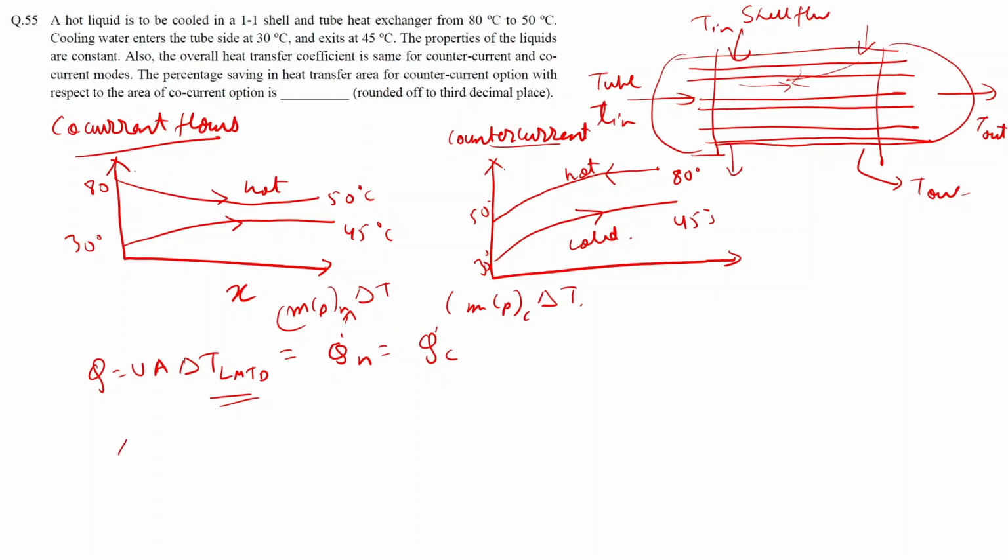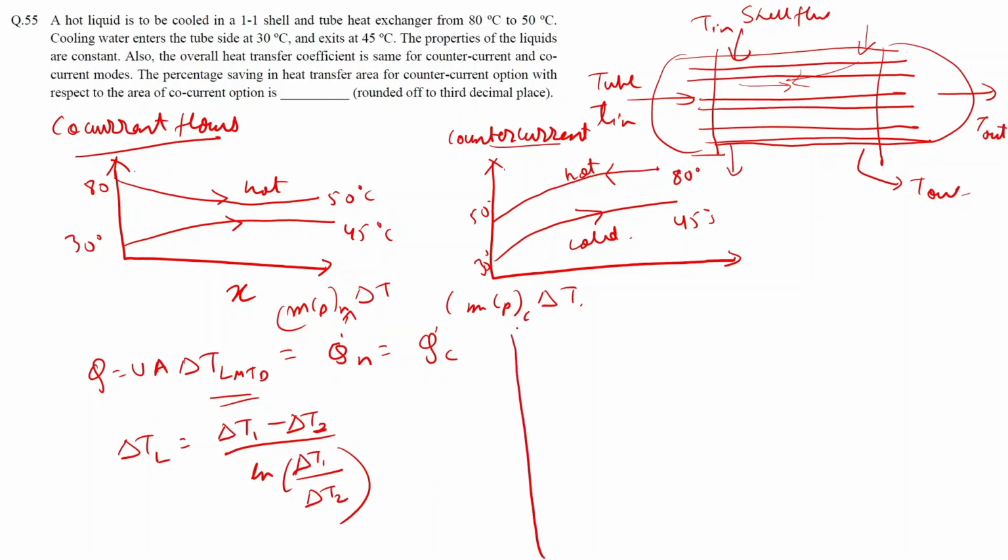And log mean temperature difference is defined as delta T1 minus delta T2 upon ln of delta T1 upon delta T2. So the log mean temperature difference for co-current flow, we will find it as delta T CO. Here delta T1 is 80 minus 30, which is 50.